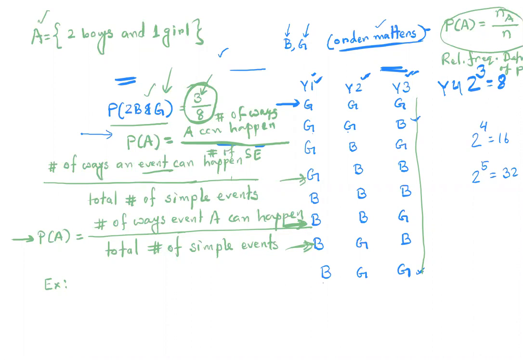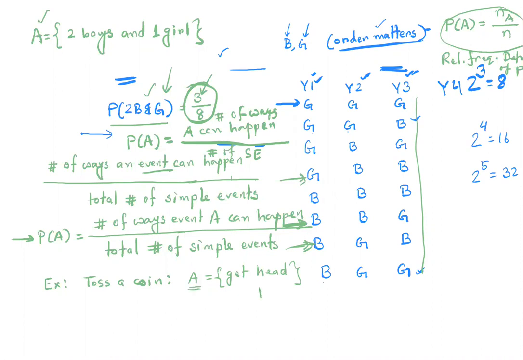Now look, if you toss a coin, I'm going to apply this definition for a coin and rolling a die. Your event A is that you get a head. How many ways can event A happen? When you toss a fair coin, how many ways can you get a head?